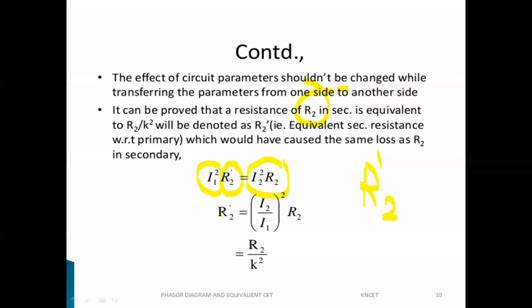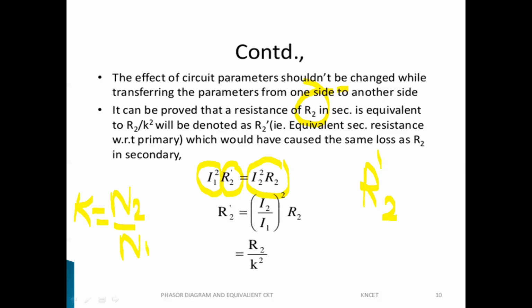So R2 dash equals (I2 by I1) whole square into R2. I2 by I1 means 1 by K value. We know that K is the transformation ratio. Transformation ratio K equals N2 by N1, or V2 by V1.